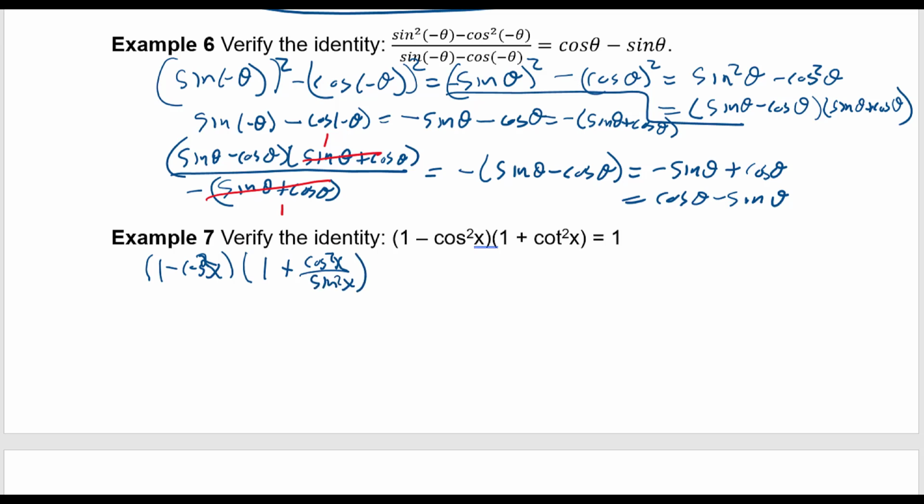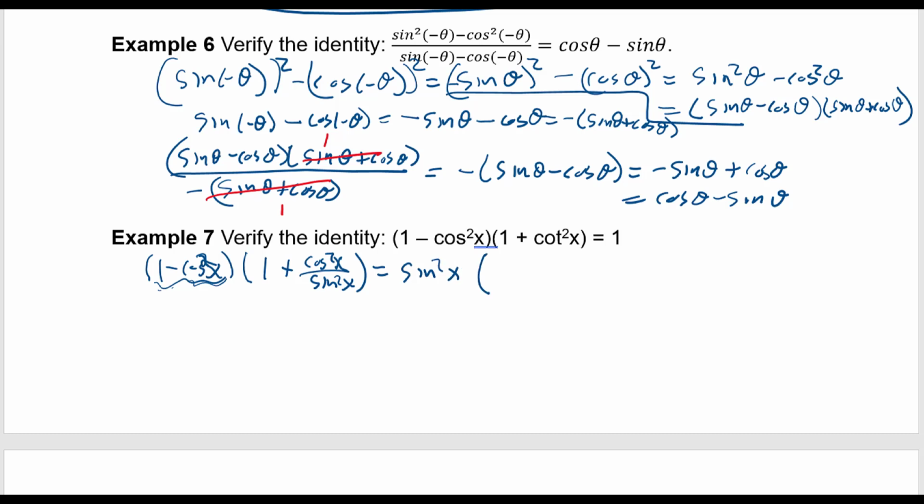Okay, and then let's look at these terms here. I want to combine this. I have a goal here, and it actually centers around this part. I mean, the fact that 1 minus cosine squared x, let's give it to you now, is sine squared x.